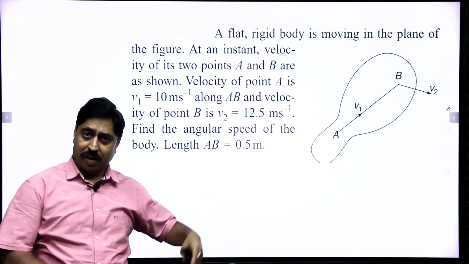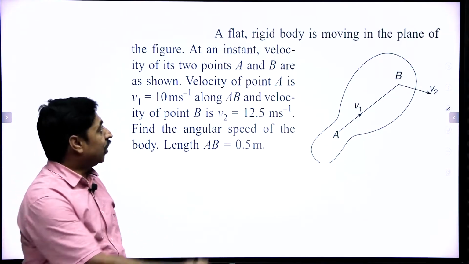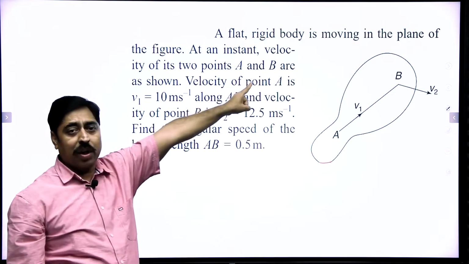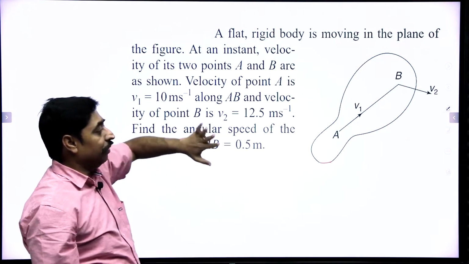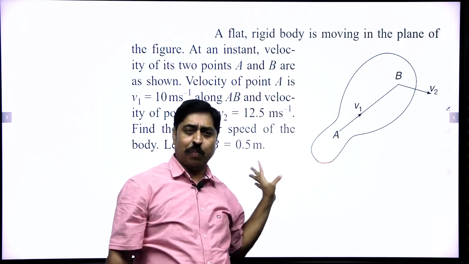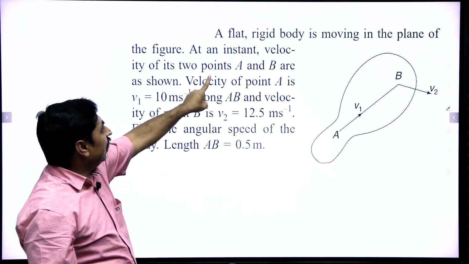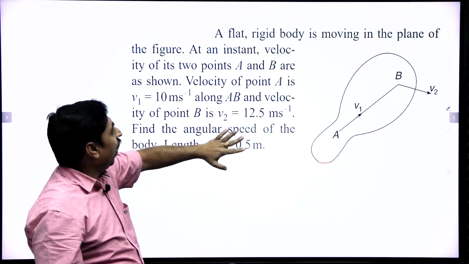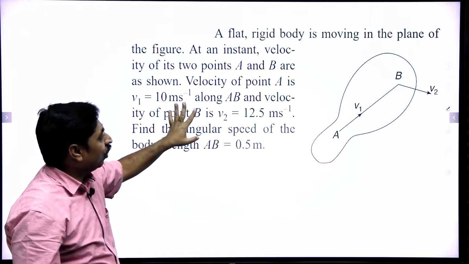Based on this, here is an example. Suppose this is a rigid body, a flat rigid body. The question says a flat rigid body is moving in the plane of the figure. At a particular instant, the velocities of its 2 points A and B are as shown.